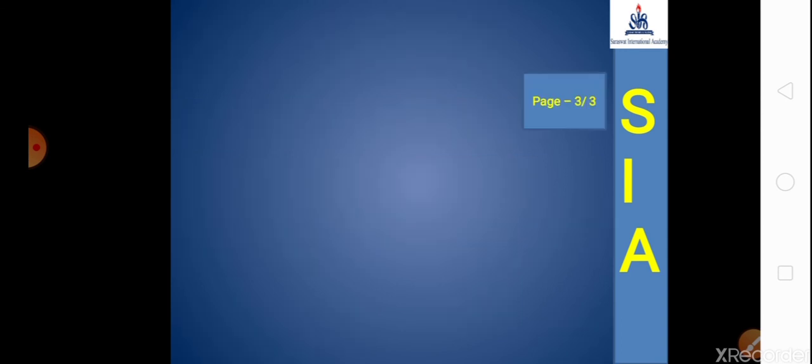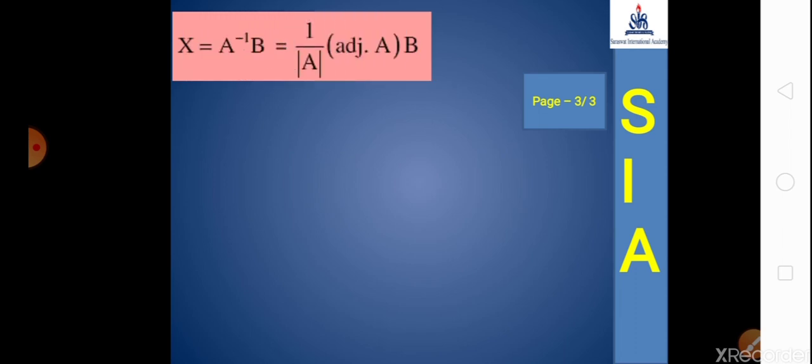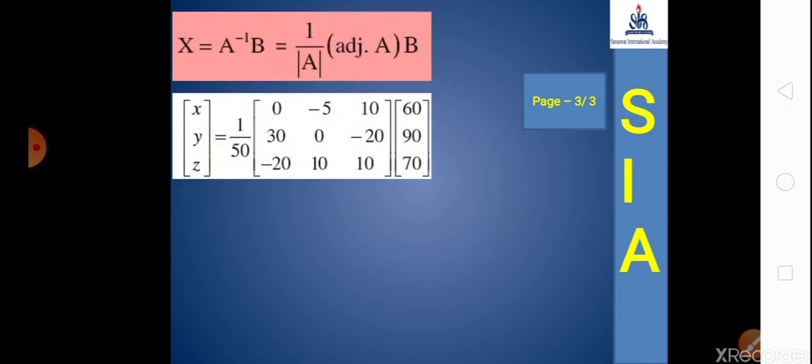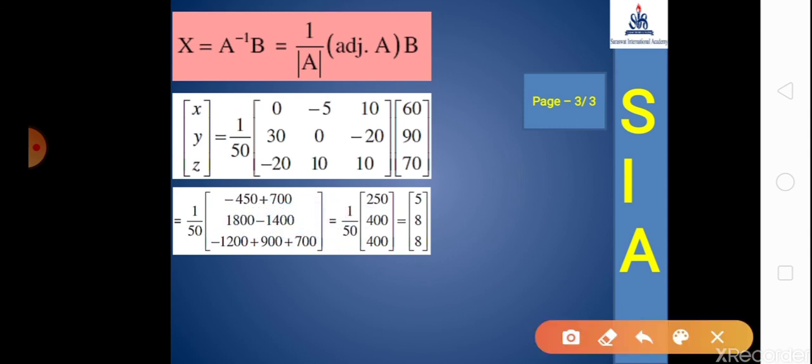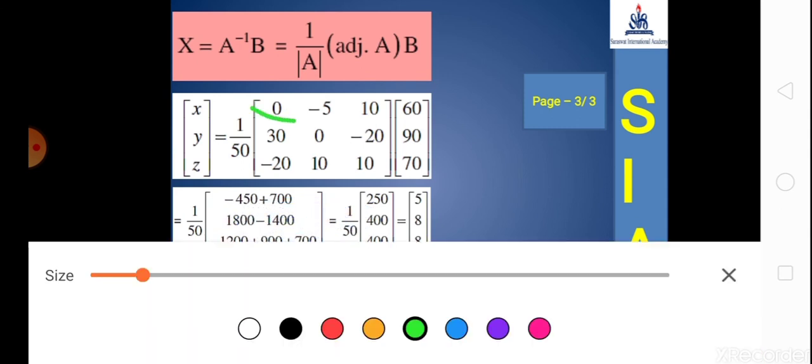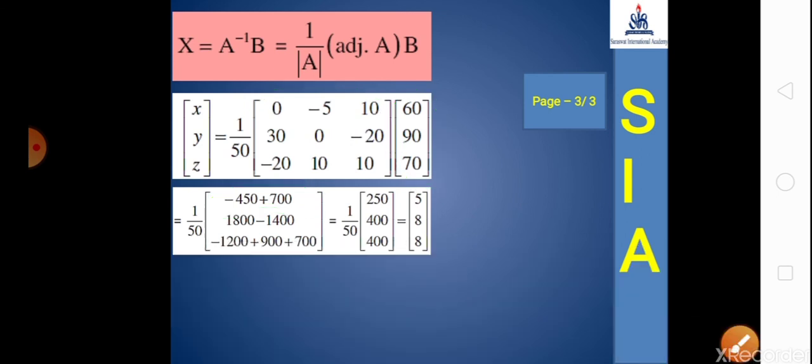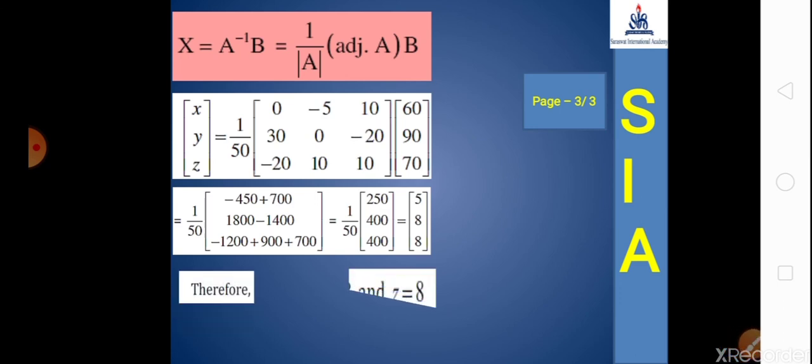Now students, apply all these values in the above formula. Row wise column entry multiplication: this row and this column, multiply them and you get this. After that, in the further solution, divide by 50 and you get 5, 8, 8. It means students, my sum is over.